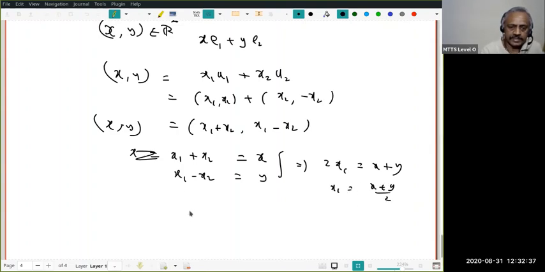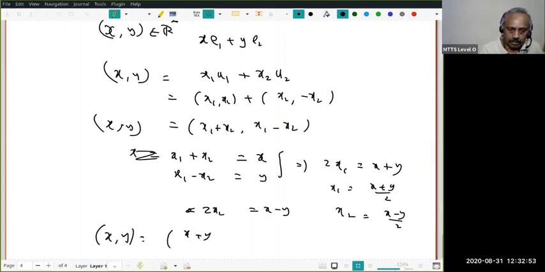Subtracting one from the other, I get 2x2 equal to x minus y. Therefore, x2 equal to (x minus y) by 2. You understand that? Therefore, the vector (x, y) is (x plus y) by 2 into u1 plus (x minus y) by 2 into u2.